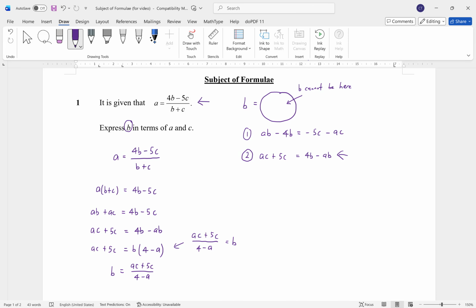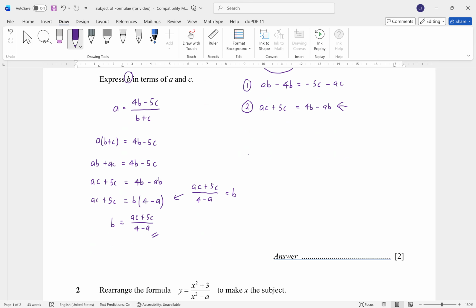That will be a better way to present your working. So this would be the final answer. In your exam, you would write the entire thing inside the answer space: B equals to AC plus 5C over 4 minus A.